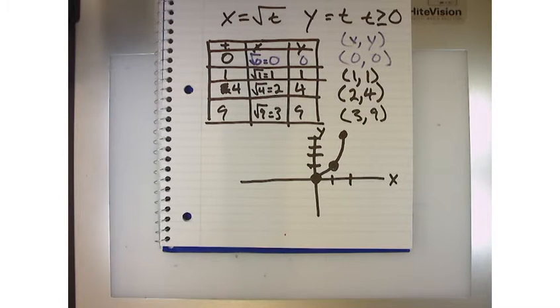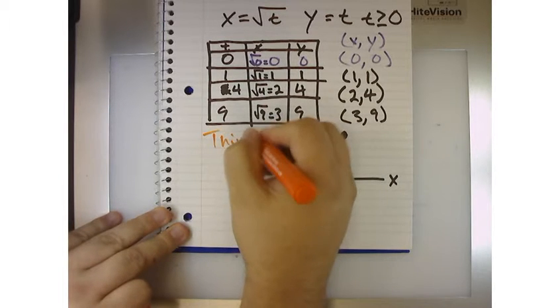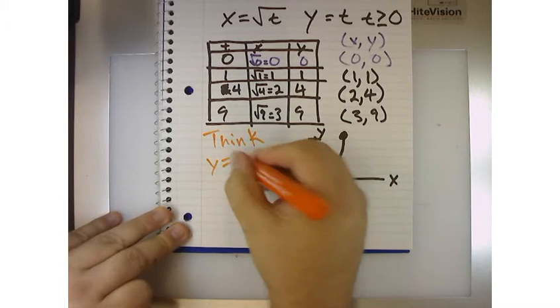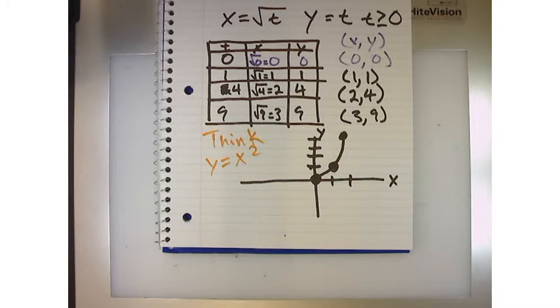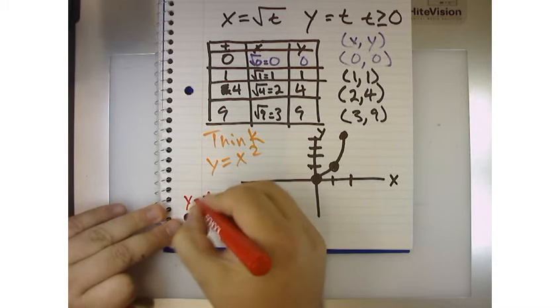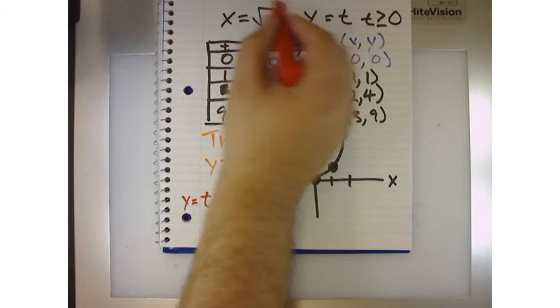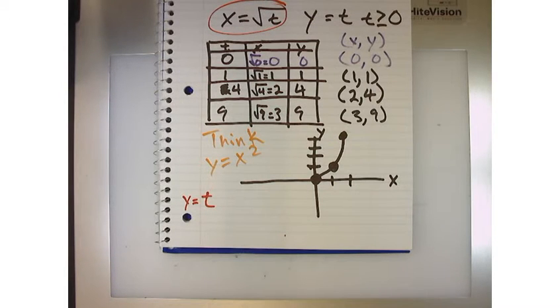Well, let's start with y, right? So we're going to think in our head, y equals x squared. That's what we're going to think. But we're going to start with y equals t. Well, how can I manipulate this situation to change the t to x?